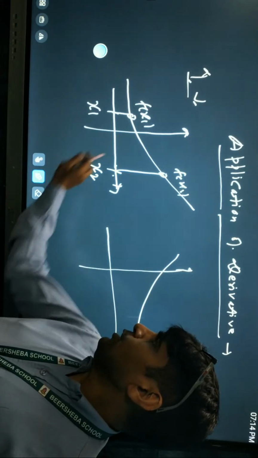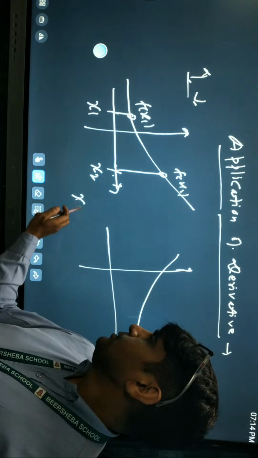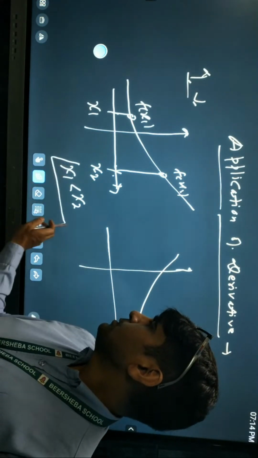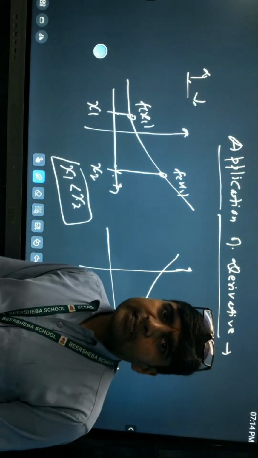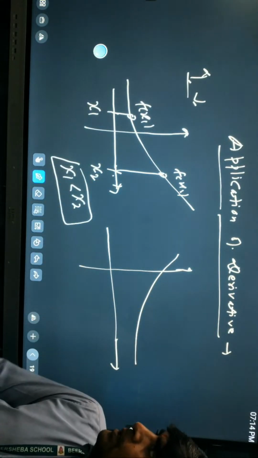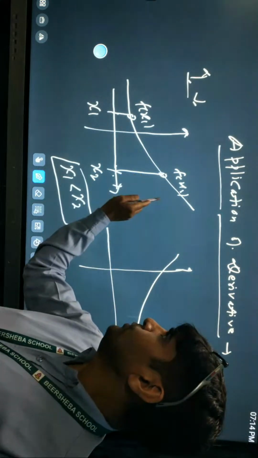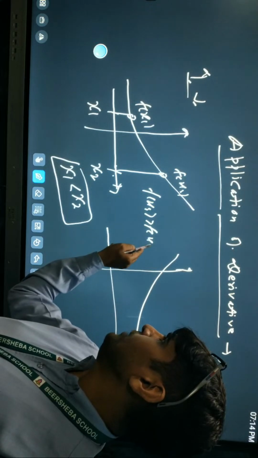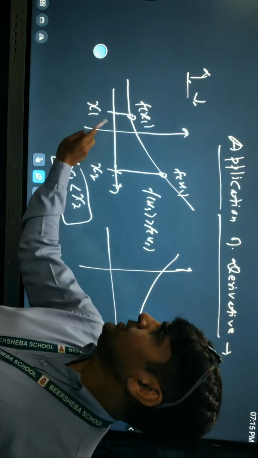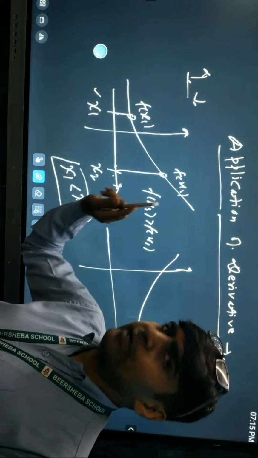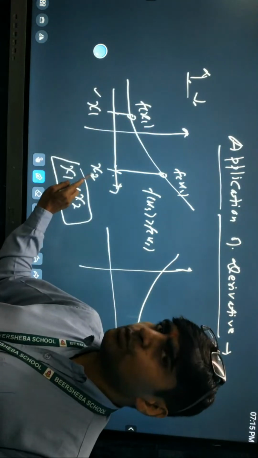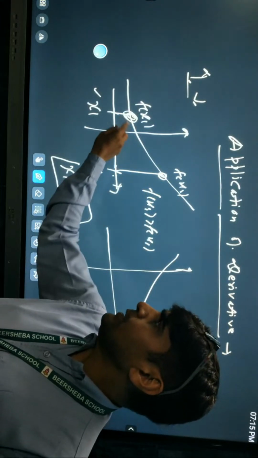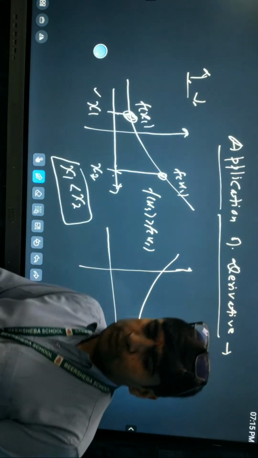From the number line, x2 is greater than x1, and the functional value at x2 is also greater than the functional value at x1. So x1 is less than x2, and the functional value of x1 is also less than the functional value of x2.